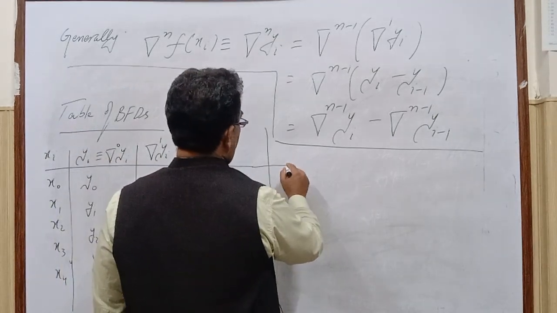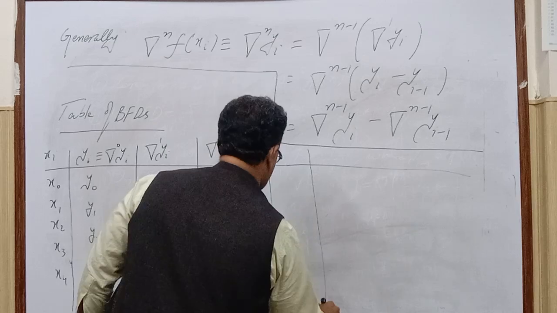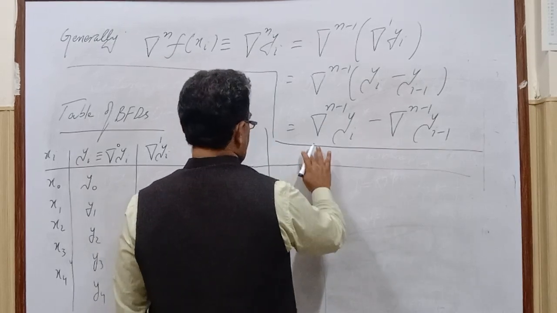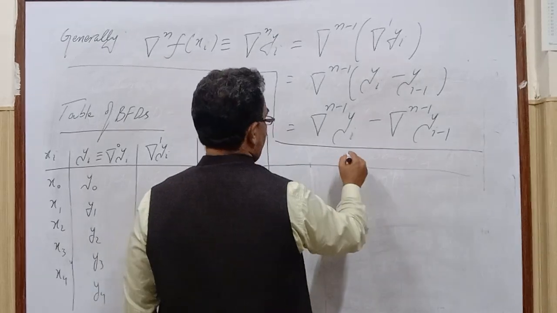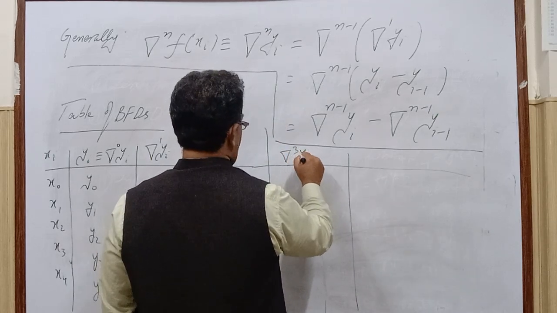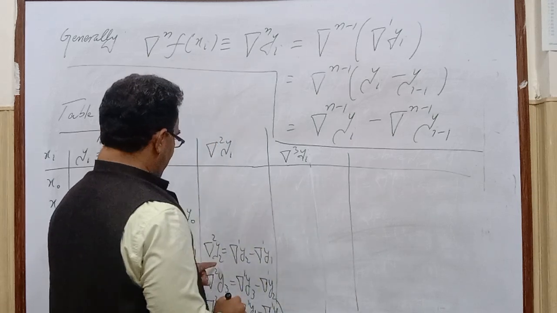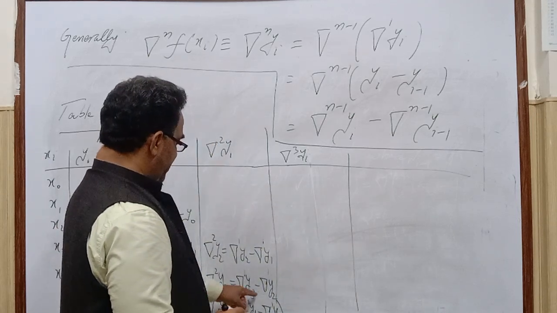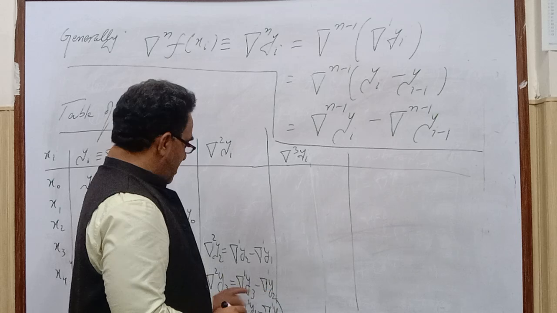And just like that, we can write here the third BFTs, del 3 yi, and over here again we will leave the first entry and write the result in front of the next value.